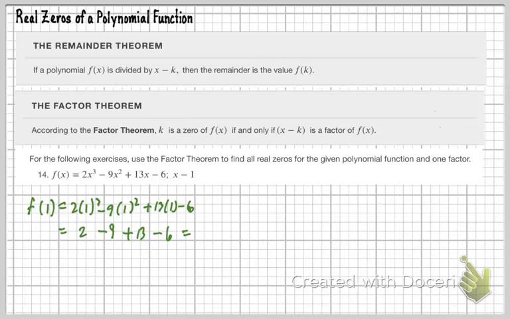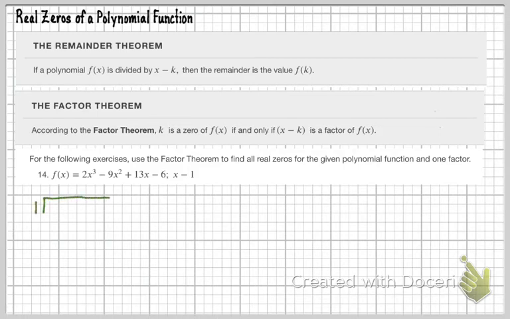So now what we're going to do is find all the zeros for the given polynomial function. I'm going to use synthetic division here to actually divide this out so I can find more zeros. The zero for this x minus 1 is 1, so I'm going to put a 1 on the outside.